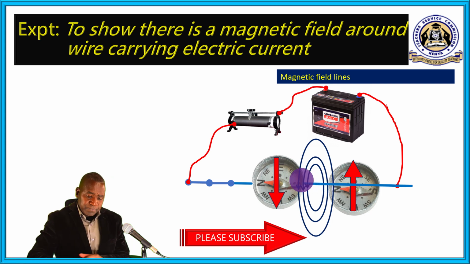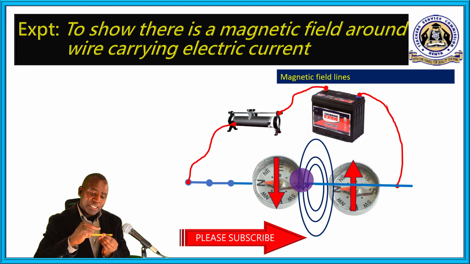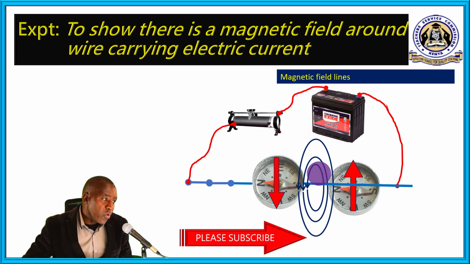In other words, if this is the conductor and I'm looking at a ring which is here, there is this part of the ring which is above the wire, and as far as I'm concerned, there is this other part which is behind the wire. That is exactly what we have here.